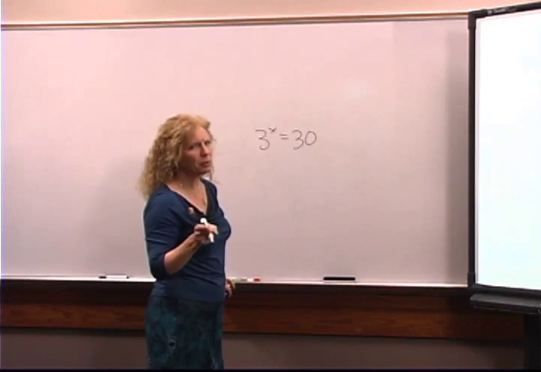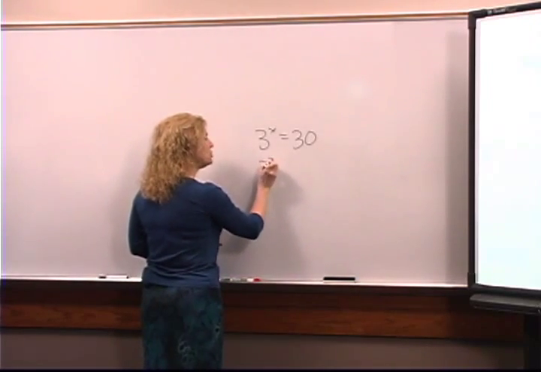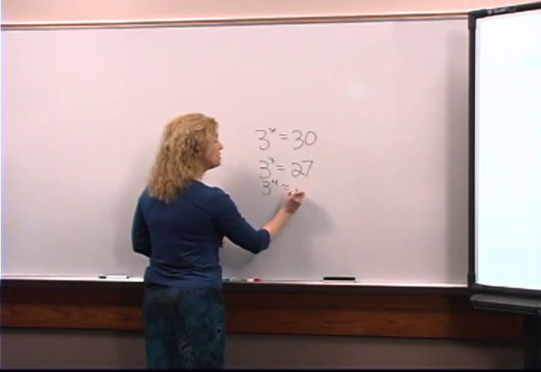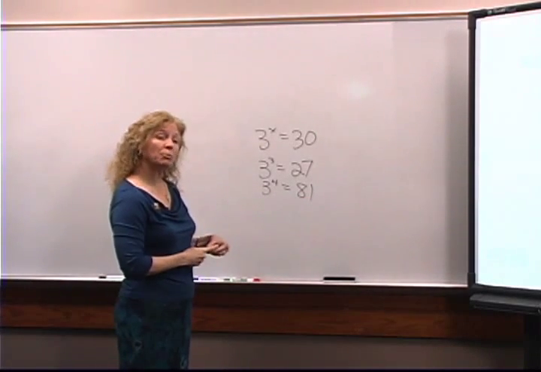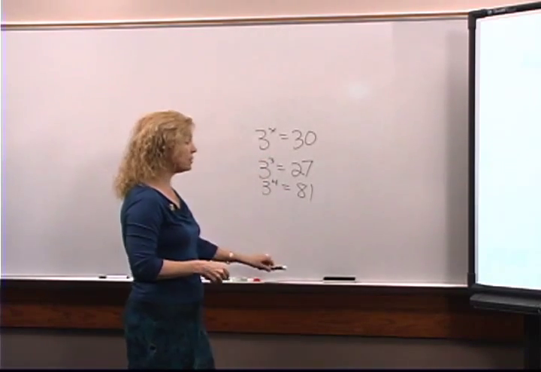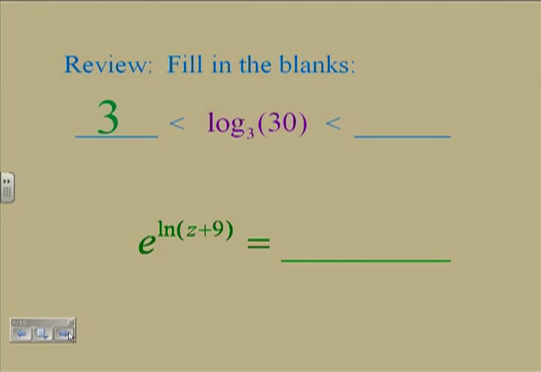Well, I think you realize 30 is not a power of 3. But if you play with it for a minute, you realize 3 to the third is 27. 3 to the fourth is 81. So log base 3 of 30 should be a little bit more than 3. That's some good thinking, and it shows that you really understand what's going on if you can understand that log base 3 of 30 is going to fall between 3 and 4 and actually be closer to 3.